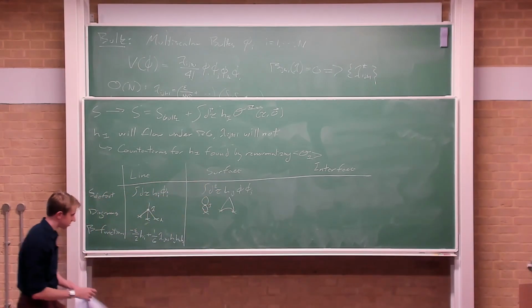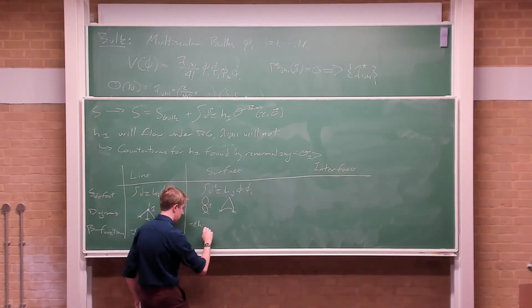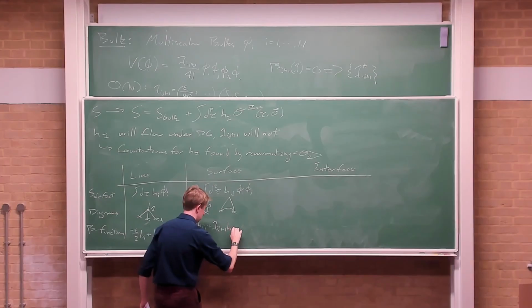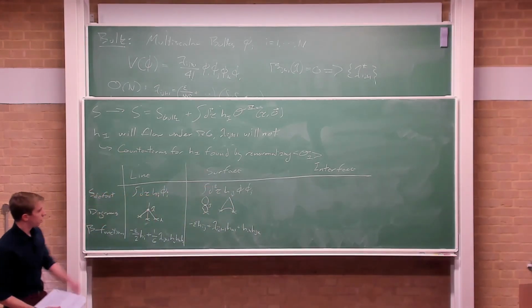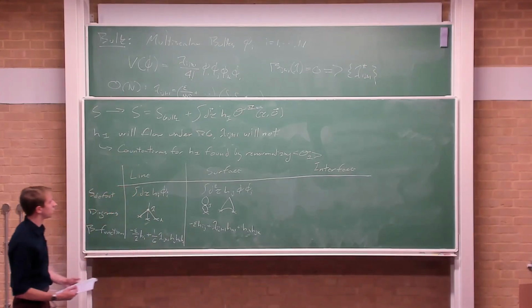And in the end, one finds the beta function, with now a term that also depends only on this defect coupling, unlike the line case, and this will become important later on.